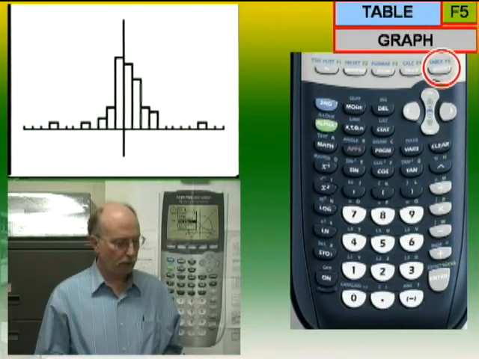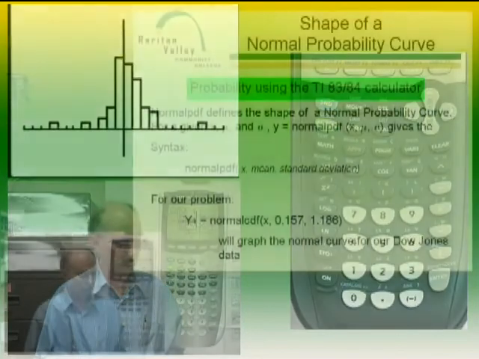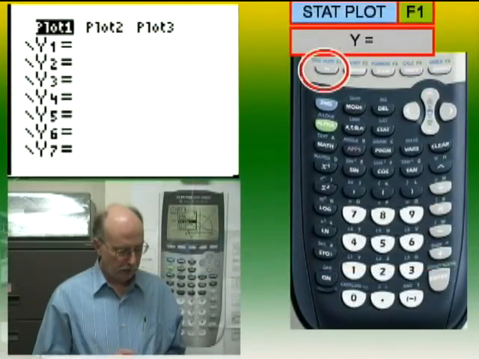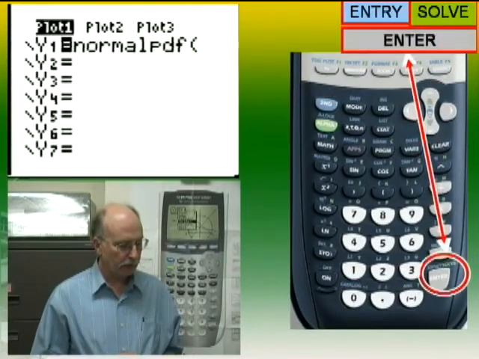Well, why did we do that relative frequency histogram? The reason we did that is we'd like to put our normal curve over the top of it and see how it looks. And we can do that using the normalcdf function. So let's go to the y equals screen. We'll hit second distr, and you can see that the normalcdf function is the first one. We'll hit enter.